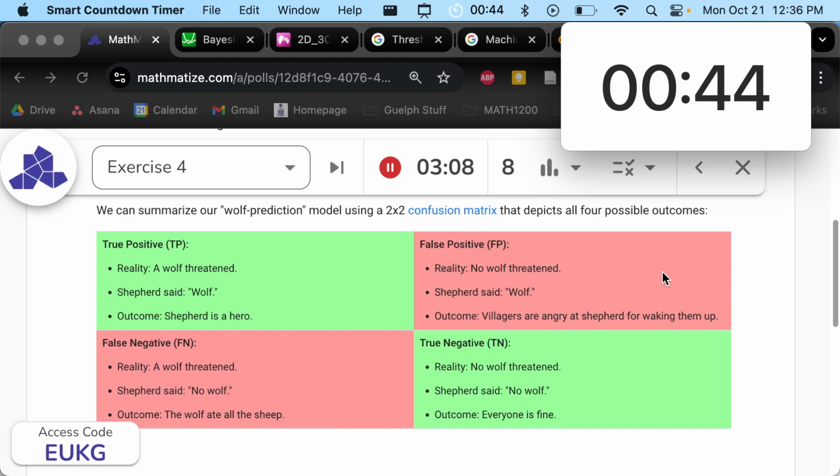So when it says false positive is worse, I mean in this. Okay, put in your answers.